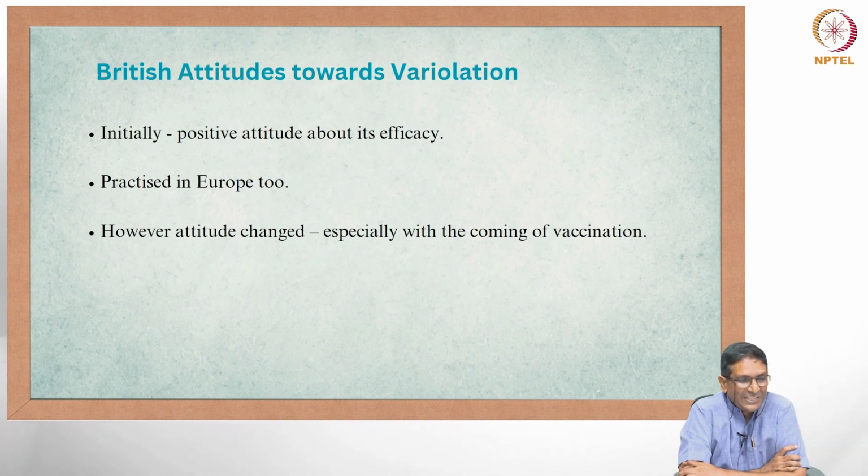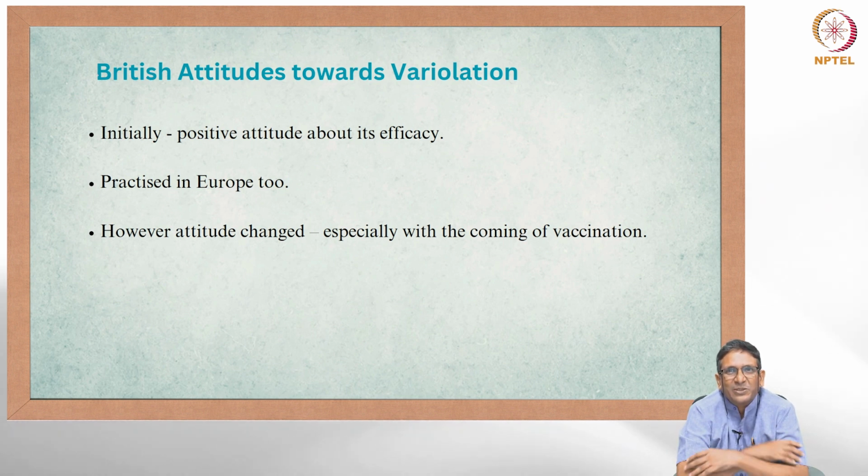Now with the coming of vaccination, one would expect, as I had already given a hint, it being touted as proof of superiority of Western civilization or science, one would expect a changed attitude towards variolation. Initially, of course, variolation was one of the most viable options available.